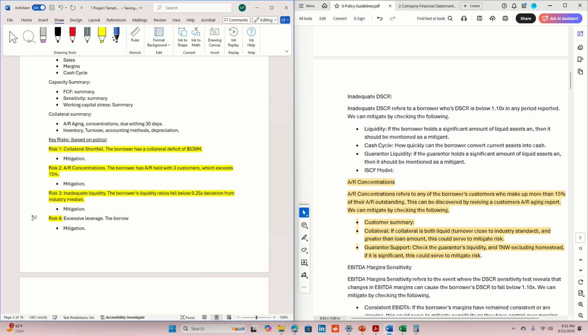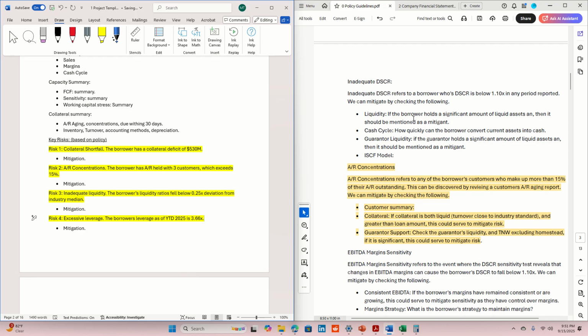The borrower's leverage as of year to date 2025 is 3.66x. Right? Okay. Cool. Quick little statement.